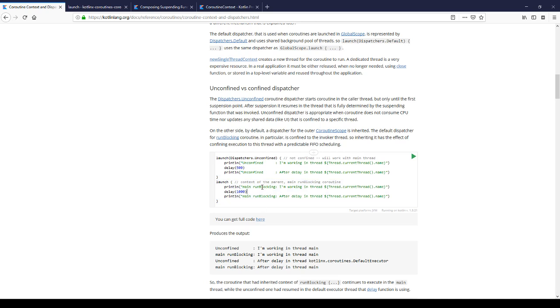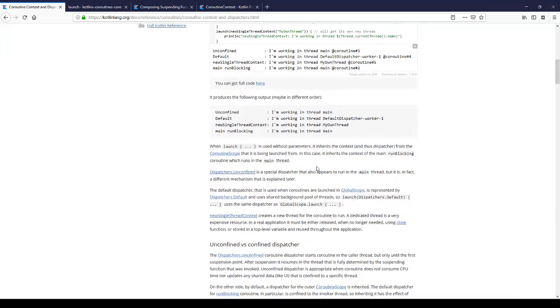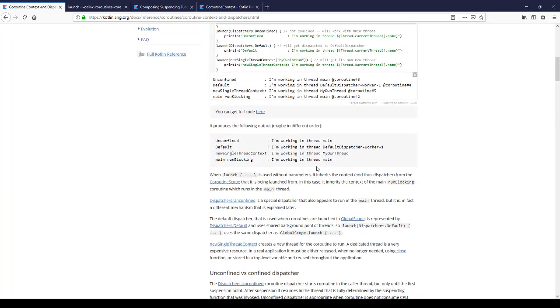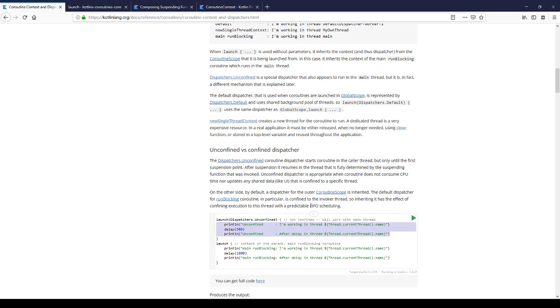So probably we'll see this first: I'm working in thread main at coroutine number 3, and delay, and because this is the first suspend point, these two will later be scheduled, I would say.